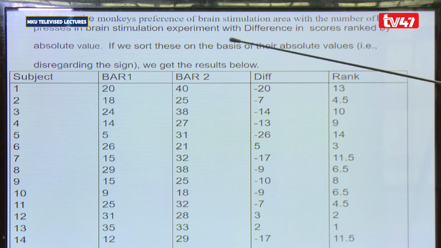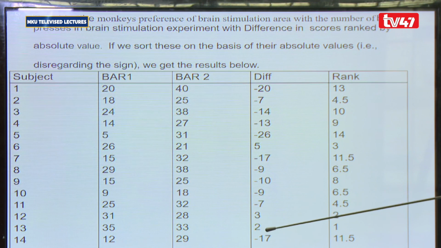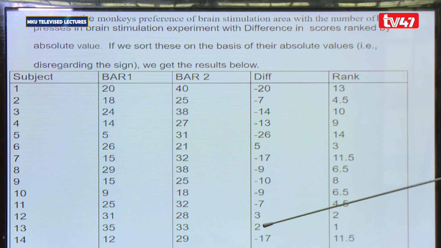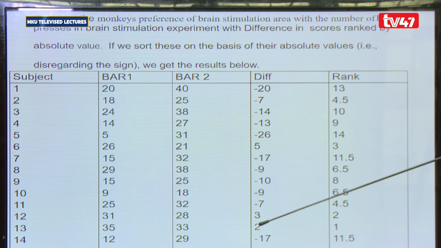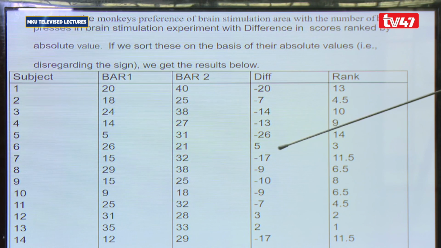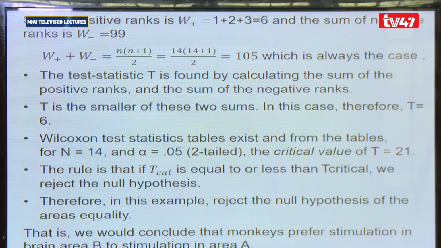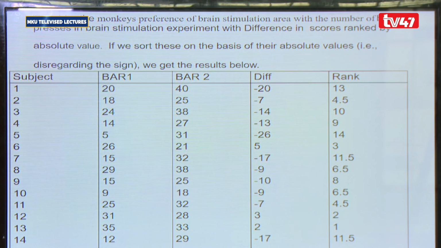So we now rank the differences. We look at the smallest difference, regardless of the sign. And 2 is the smallest, followed by 3. So we assign ranks 1 and 2, and then 5 we assign 3. So these are the ranks of the differences regardless of the sign. Then we have the sum of the positive ranks. We go back here. So these are the positive ranks: positive, positive, positive.